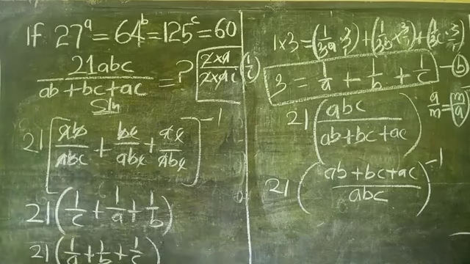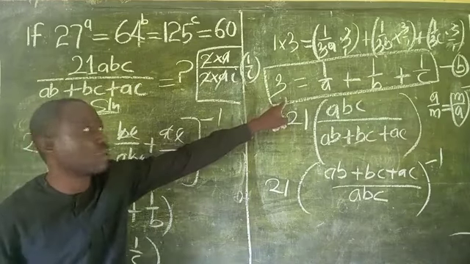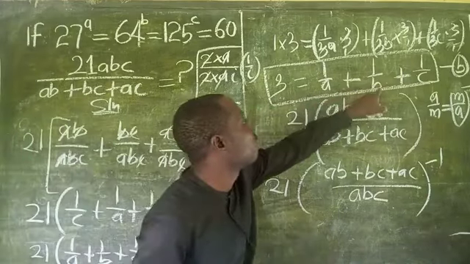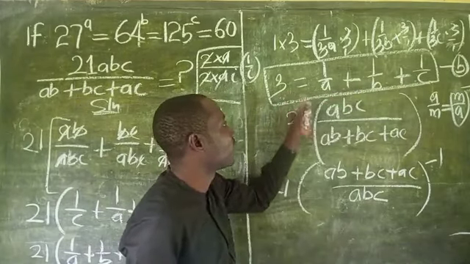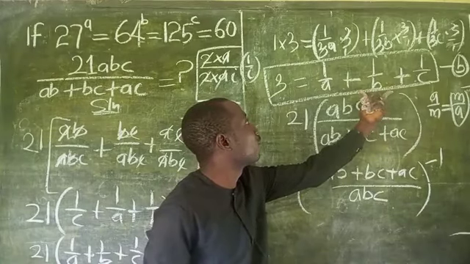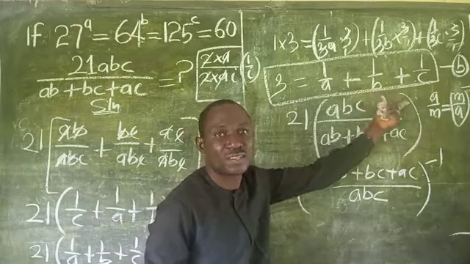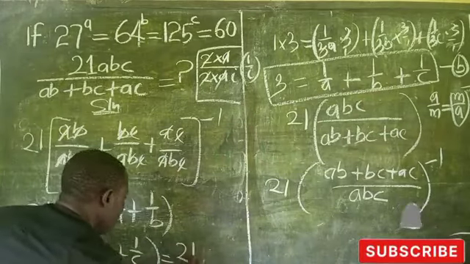This is very fine. But don't forget, previously we had a representation of 1 over A plus 1 over B plus 1 over C to be equal to 3, which is equation B. So we want to bring the 3 and put it in the place of 1 over A plus 1 over B plus 1 over C. And it becomes equal to 21.